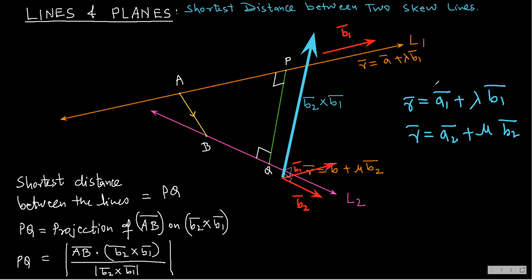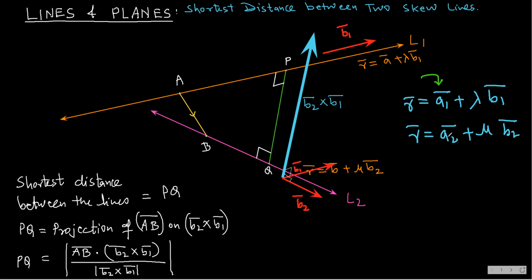See, if in the equation I'm given A1 bar, it means the point on the line is A1, so the position vector will be A1 bar. And the other point is A2, that is why it is not B, it is A2, so the position vector is A2 bar. Got it?